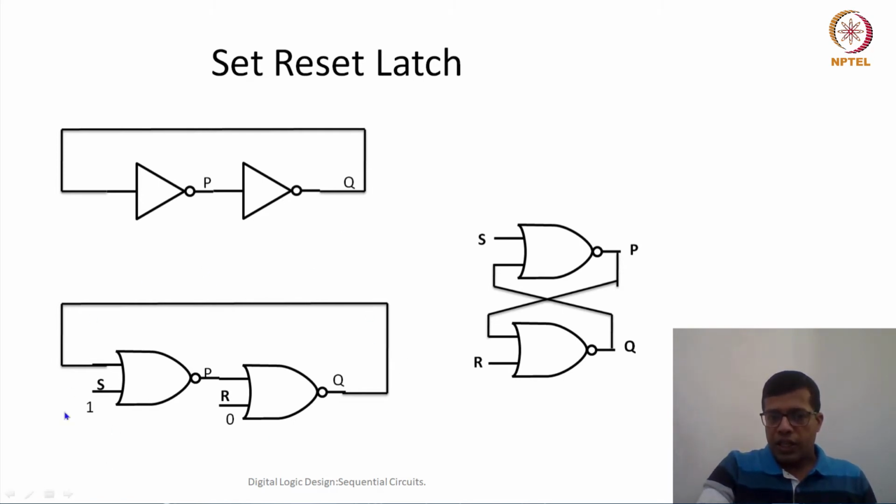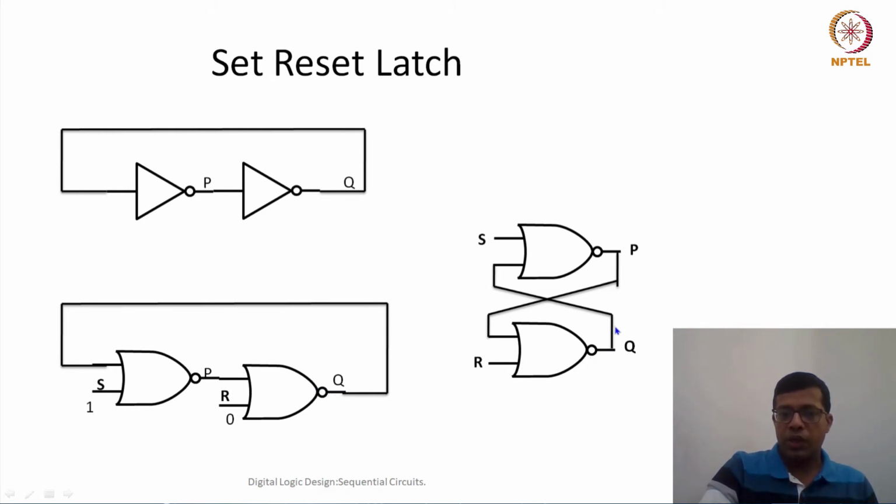This whole circuit, which is our SR latch, can also be represented as cross coupled NOR gates. So you can see that for this NOR gate, S is the input here, the other input is coming from the second NOR gate.